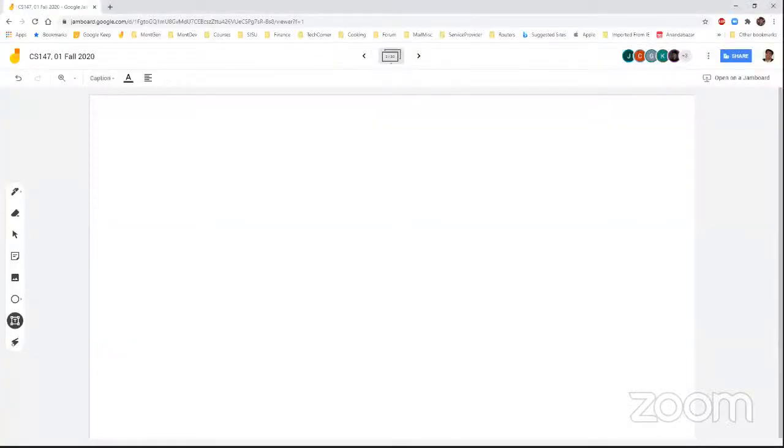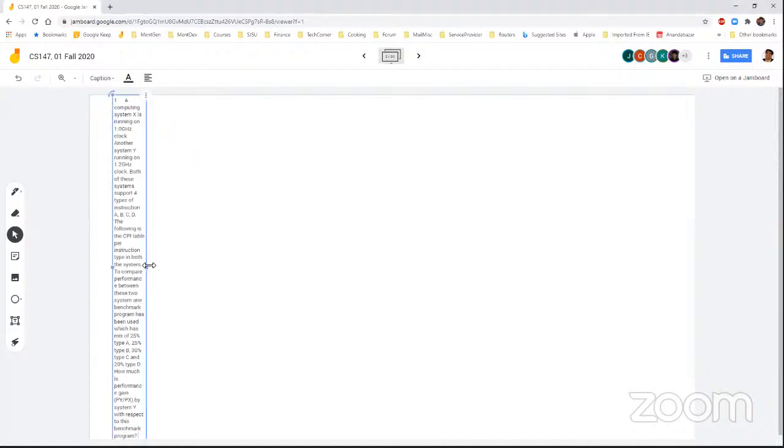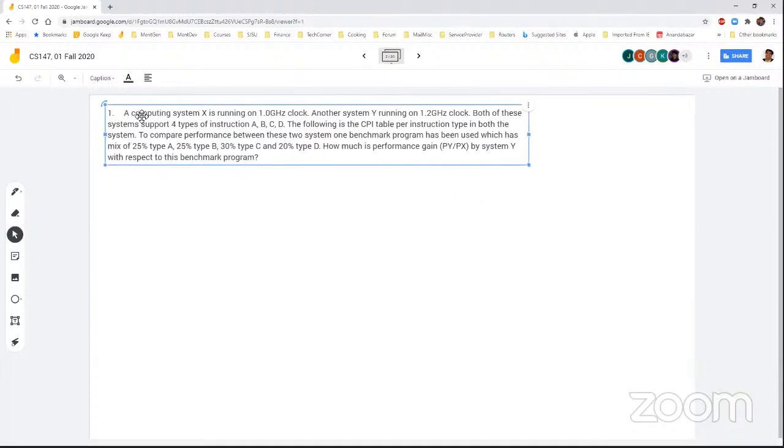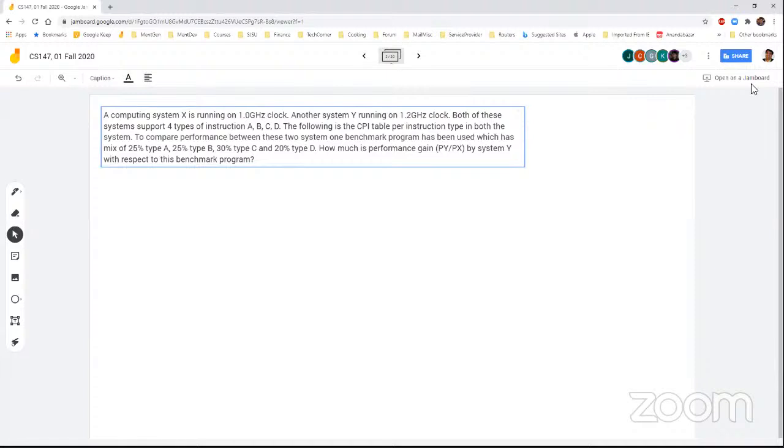Okay, then let's do another problem related to the performance computation. There is a little bit of math involved. Let me share. This problem goes like this. Let's say there are two computing systems we are trying to compare the performance of.